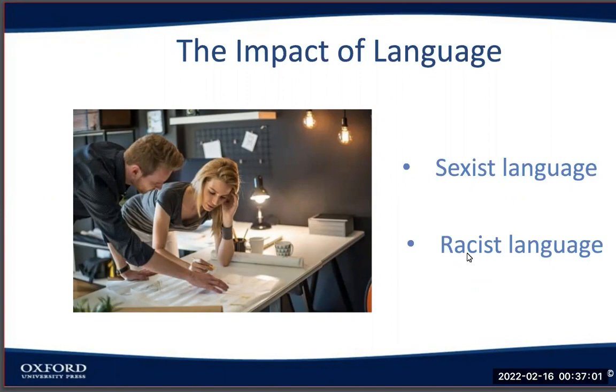Or when it comes to professions, you can say labor workers, workforce, instead of saying firemen or stewardess.